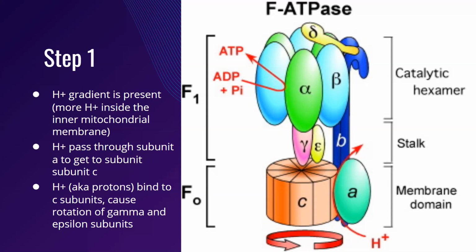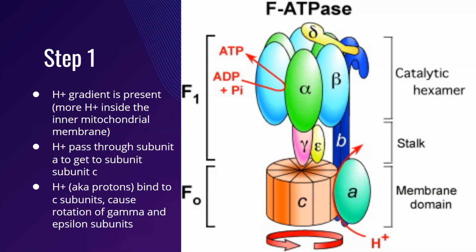And so it's basically just going to be a proton. And it doesn't need a neutron there either. So you're going to have this hydrogen ion, and first off, it passes through subunit A. Subunit A, we don't know the exact structure of, but the hydrogen ion has a place to go through, and it's going to attach to the C subunit.